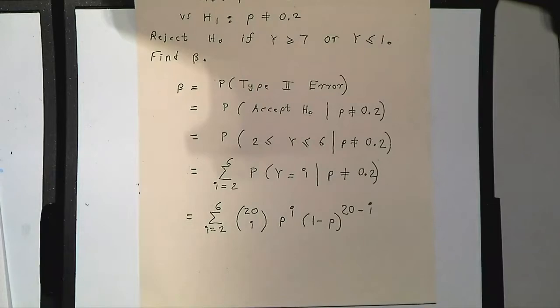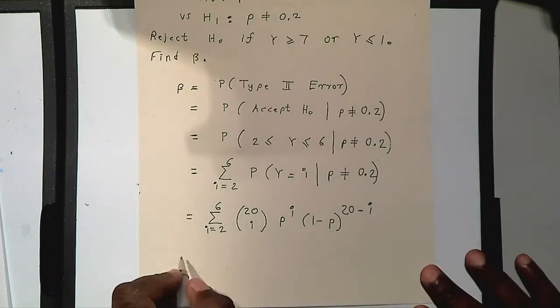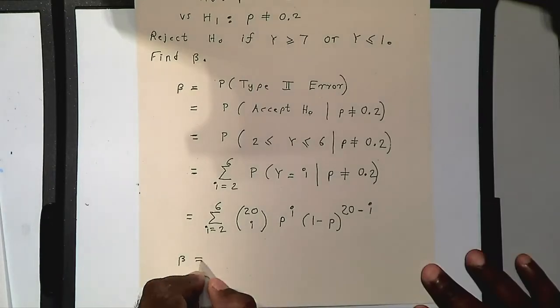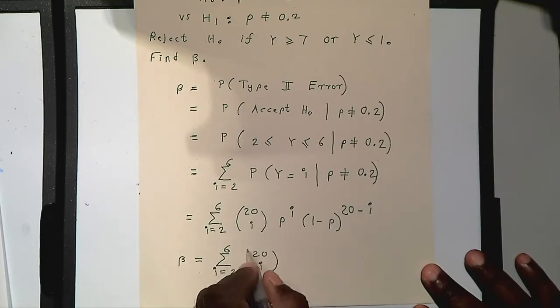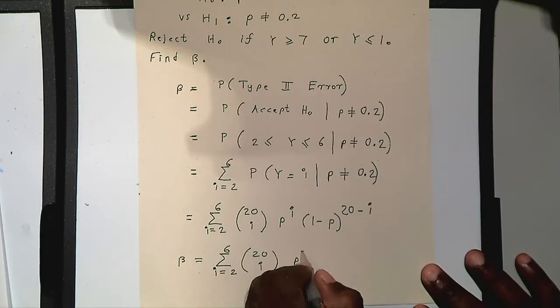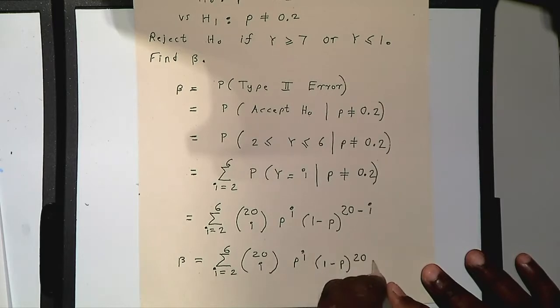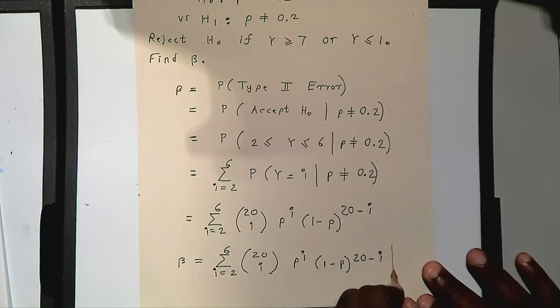All right, so what we have shown is that beta, the probability of type 2 error, is equal to the following. Let me put this in a box.